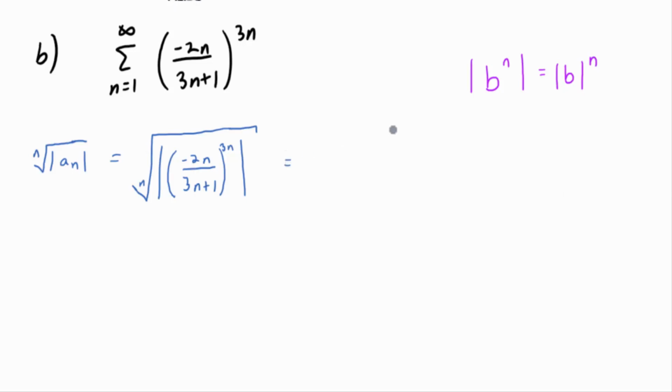In this case, I can pull this exponent outside the absolute values. That's essentially what I'm trying to get across to you. So that we have the absolute value of negative 2n over 3n plus 1, and that whole thing brought to the 3n. So why did I want to do that?